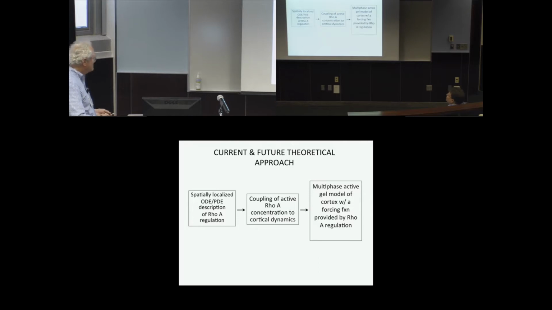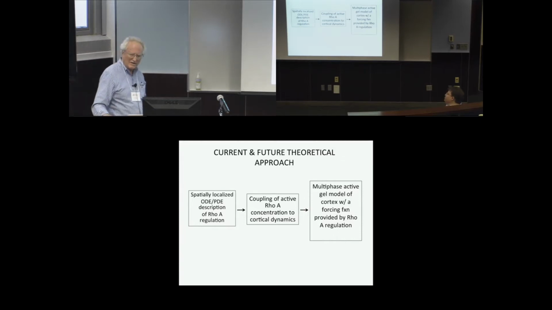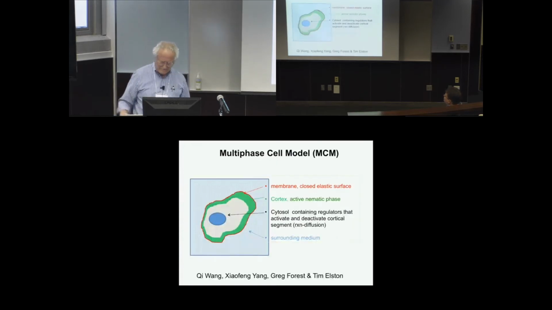The general plan, and I'm not in the theoretical end of this, is to take a spatially localized ODE, PDE description of Rho A regulation, couple that active Rho A concentration to cortical dynamics, and do a multi-phase active gel model of the cortex with a forcing function that's provided by the Rho A regulation, the active Rho A. Well, in brief, a multi-phase cell model is part of this phase field modeling that Chi Wang and Greg Forrest are actively engaged in to model interfacial phenomena. I'll give you an example in just a second.